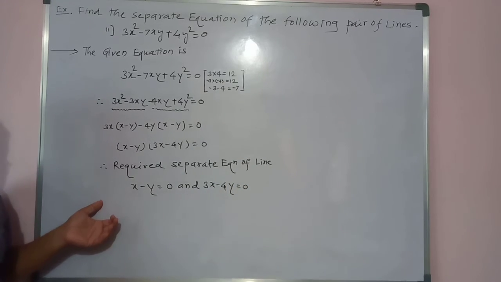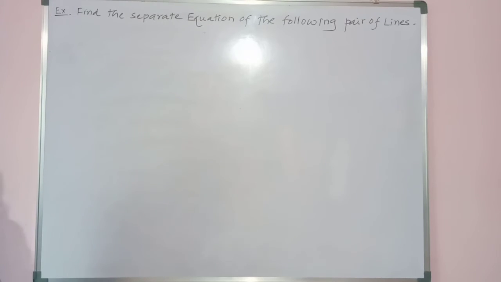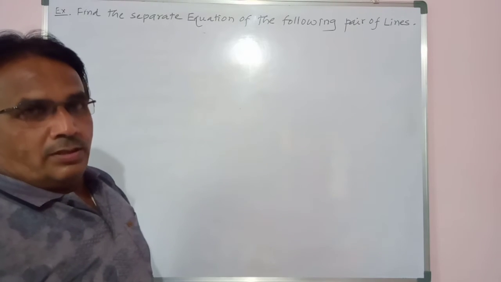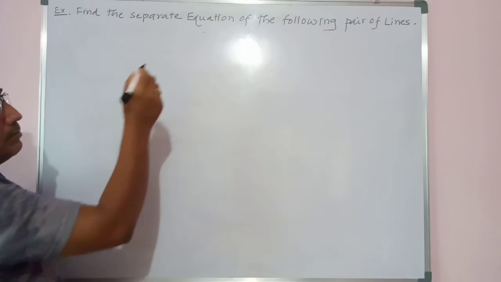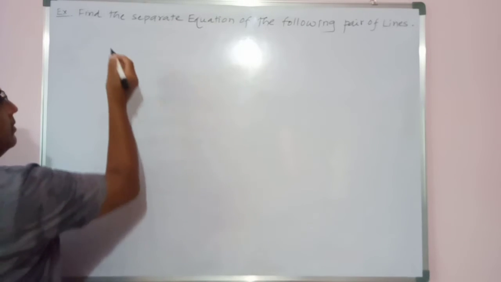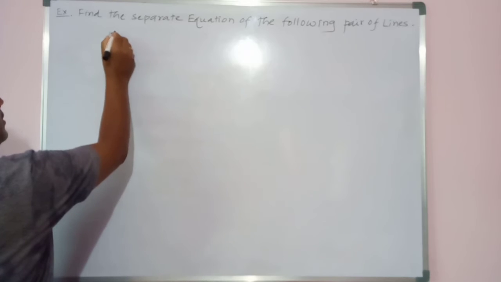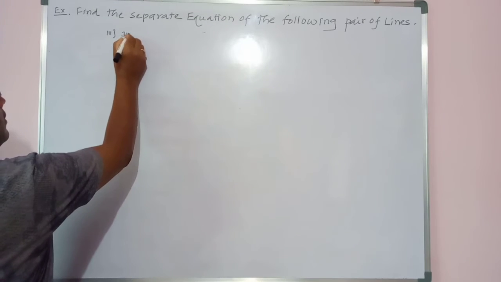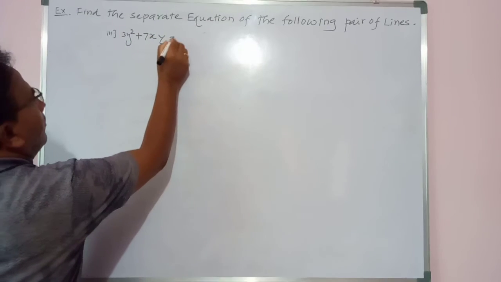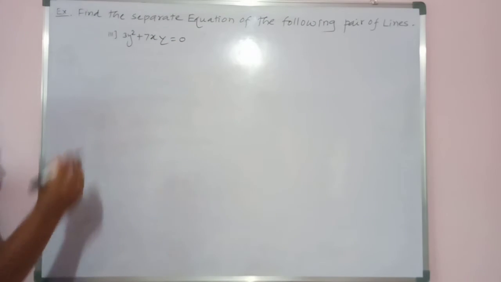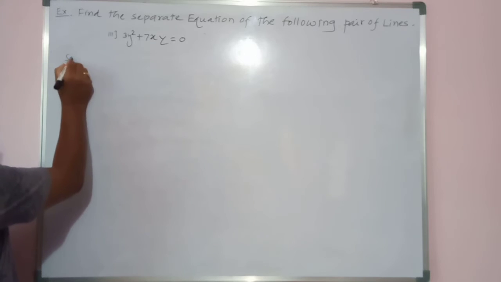Okay. We see the next example. Find the separate equation of the following pair of lines: 3y² + 7xy = 0. Solution.